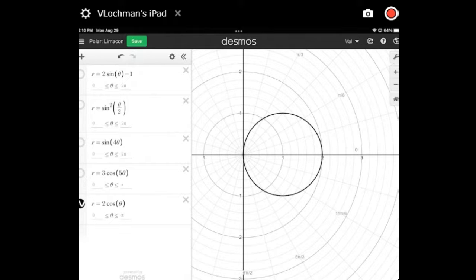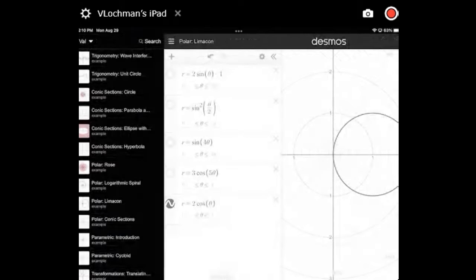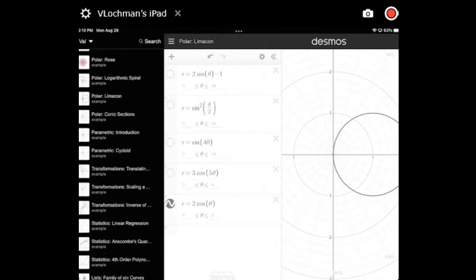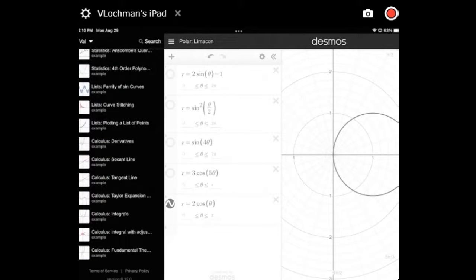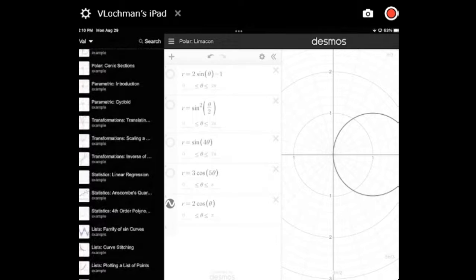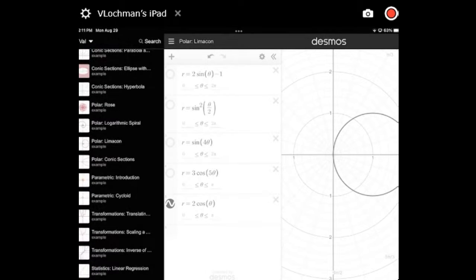So how would I come up with this plane? Let me go ahead and show you guys. When you go to Desmos, there's a whole bunch of things that are built in already, preset for you. So I would go here, and some of these files are mine, so ignore that. But if you scroll down here and go alphabetically, you see those polar rows, polar logarithmic spiral, polar limaçon.